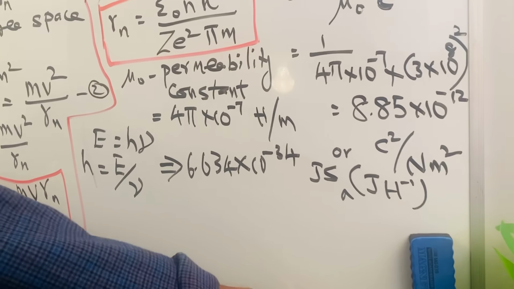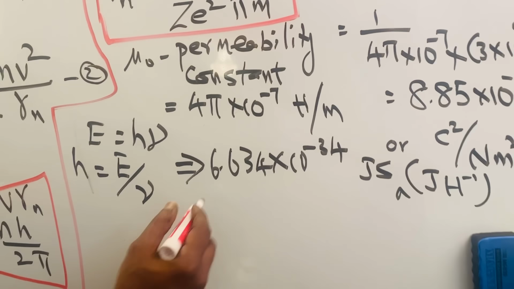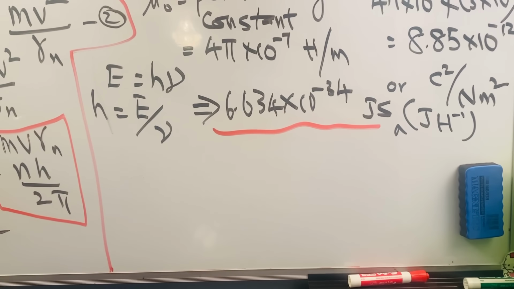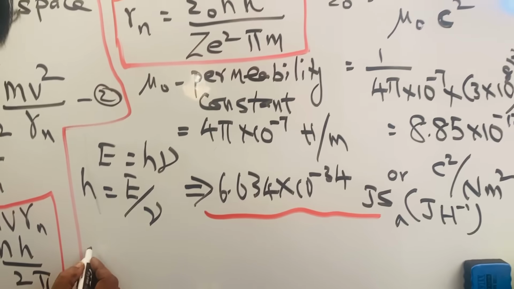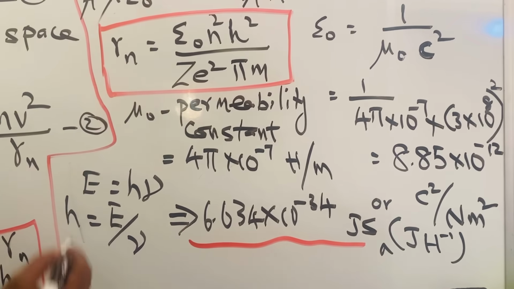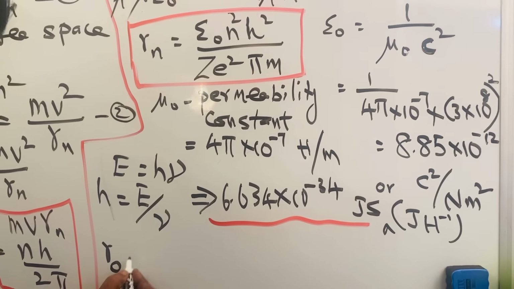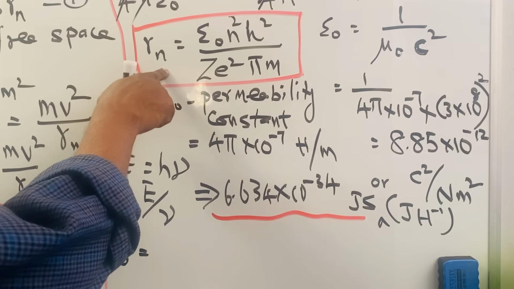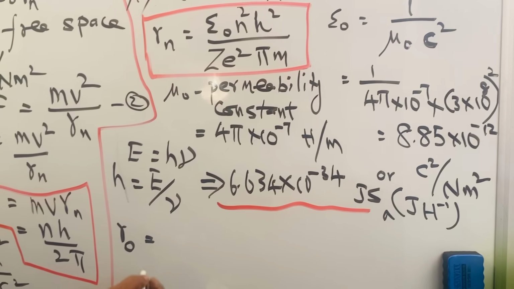Now we can calculate the radius of the hydrogen atom by using all these values. So we have the formula, and we can find the ground state radius. Ground state means n will be equal to 1.